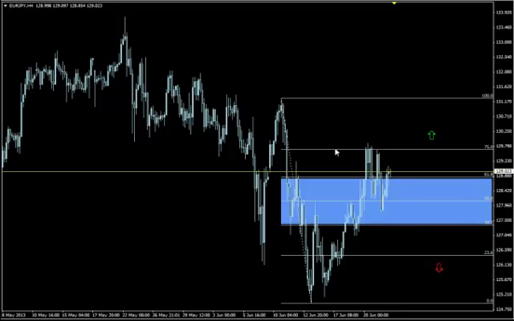I repeat, once the condition for the trigger zone is fulfilled, once we have one candlestick close inside the trigger zone, the next condition is to see one full candlestick above 75.0 or below 23.6 Fibonacci levels.